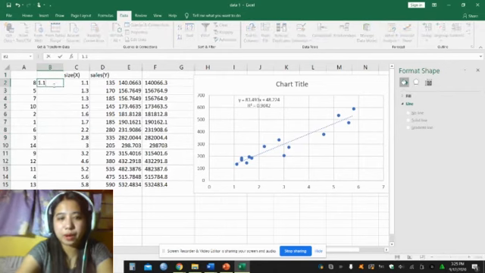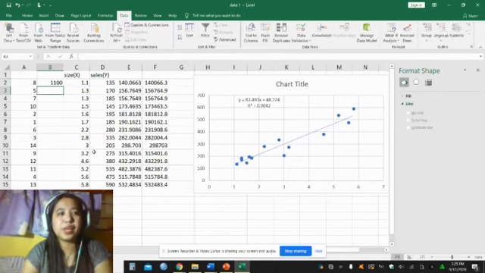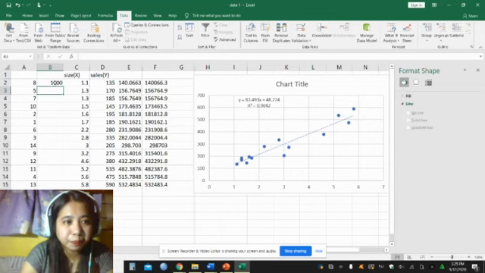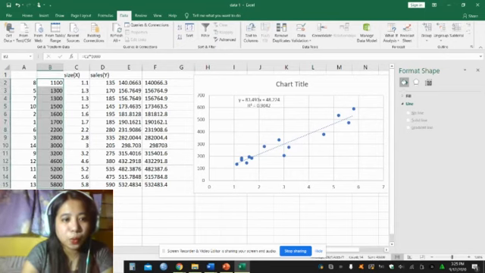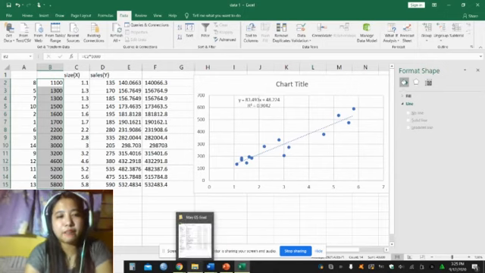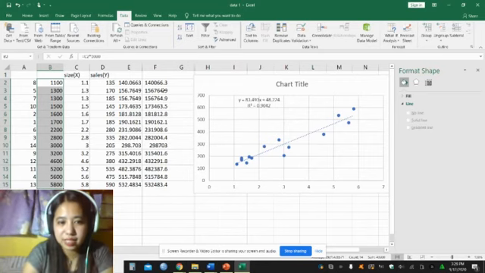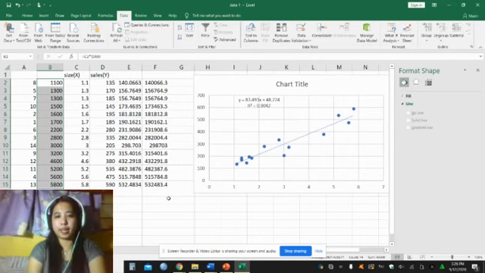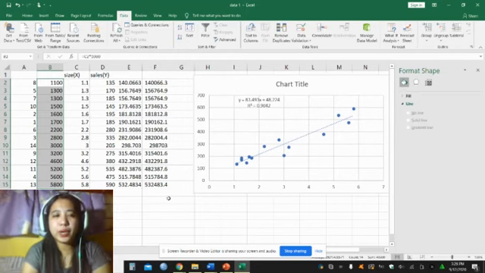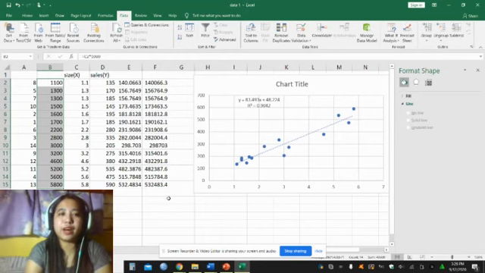So 1.1, for example, is times 1,000, which means that for 1,100 square feet to 5,800 square feet, the relevant range of y is 140,066 until 532,403. So we can use only relevant values.